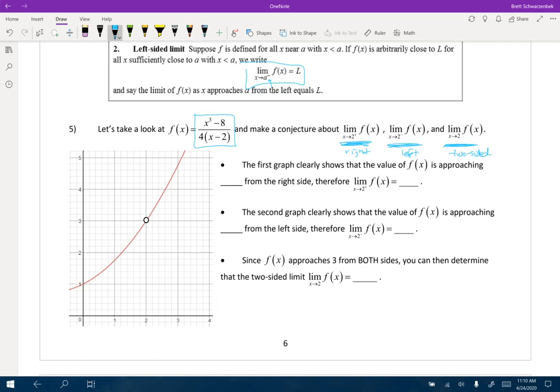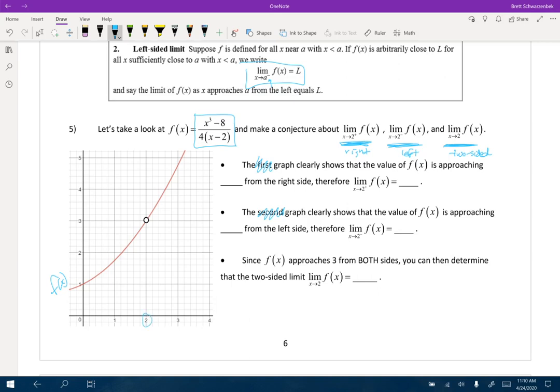Okay, so let's look at the graph. The graph clearly shows the value of f of x, which is this, is approaching what from the right side? Remember, we're approaching 2. What is the value of 2?